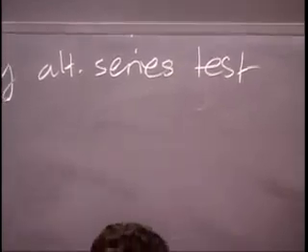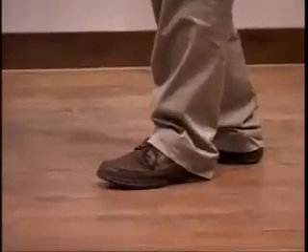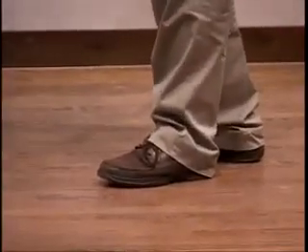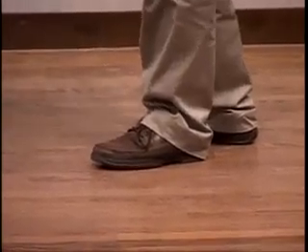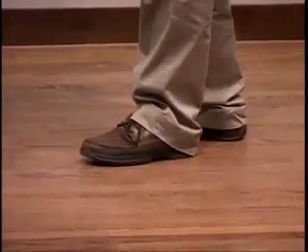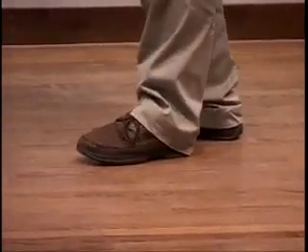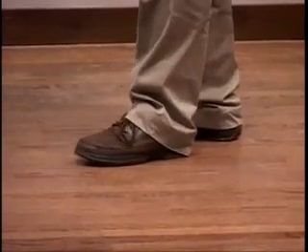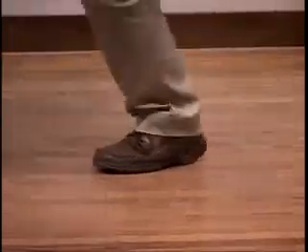The other thing is, and you're going to have to put up with some more tap dancing here, I'm afraid, here's the deal. If my forward steps are not always bigger than the next backward step, and the next backward step not always bigger than the next forward step. So in other words, if my steps are not getting smaller and smaller, I could take a big step forward, a smaller step back, a big step forward, a smaller step back.